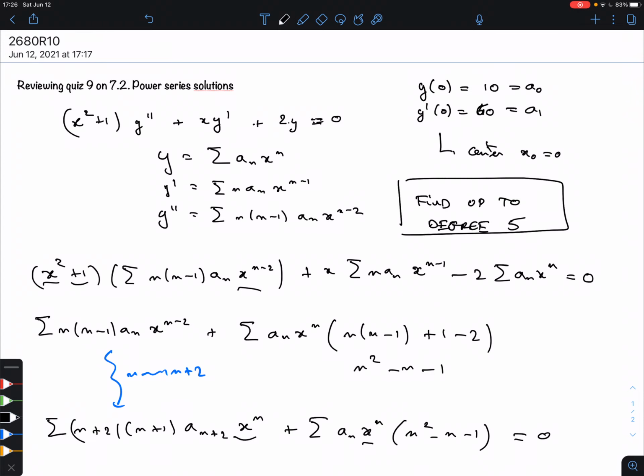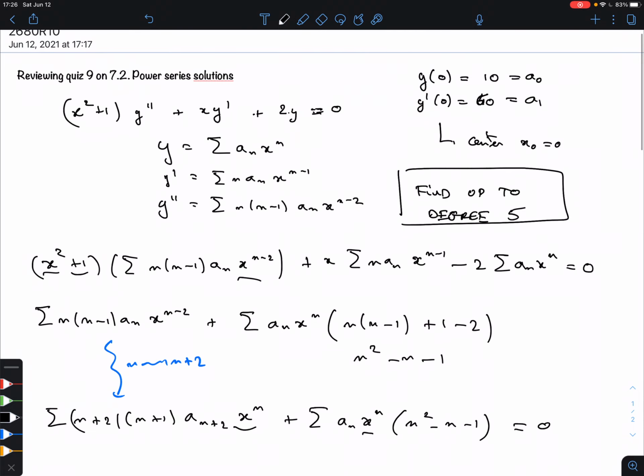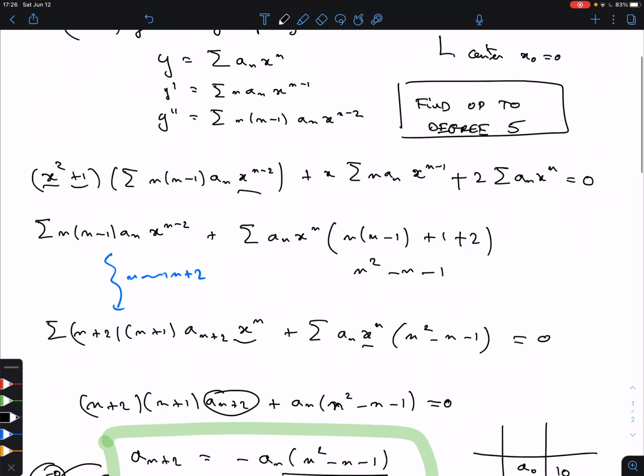Oh, I see where I made a mistake. I copied it wrong, that's why my numbers are not the right ones. It is a plus 2 here. Why did I make a minus 2 there? So I guess this was 40, sorry. It doesn't matter really, but let me stick to the 40 that I had here. But I made a mistake because I copied it wrong. There's a plus here. So there's n squared minus n plus 3.